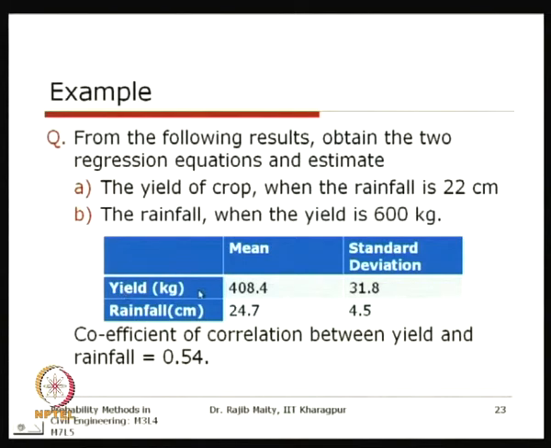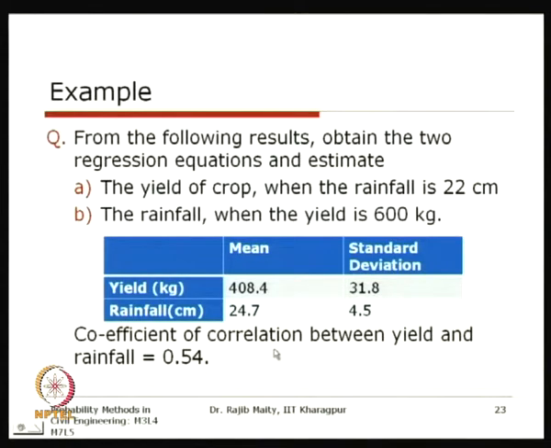The mean yield is 408.4 kg and the mean rainfall is 24.7 centimeter. The standard deviation of the yield is 31.8 kg and the standard deviation of the rainfall is 4.5 centimeter, and the correlation coefficient between the yield and rainfall is 0.54.